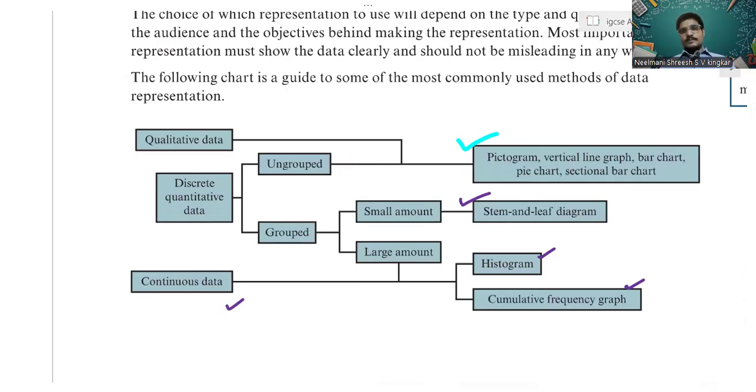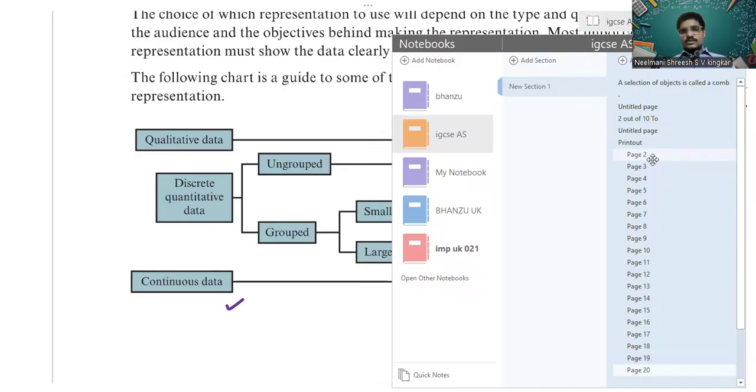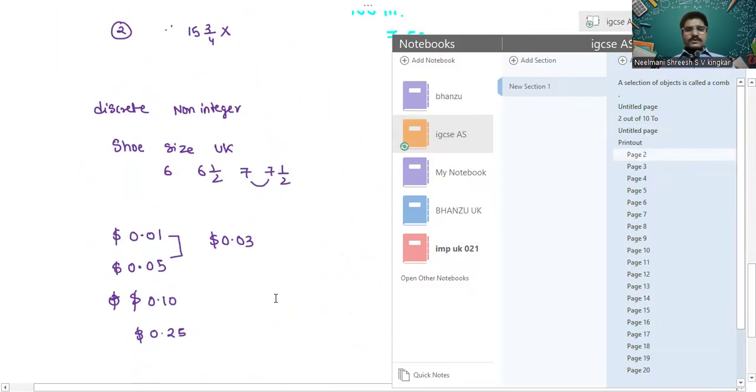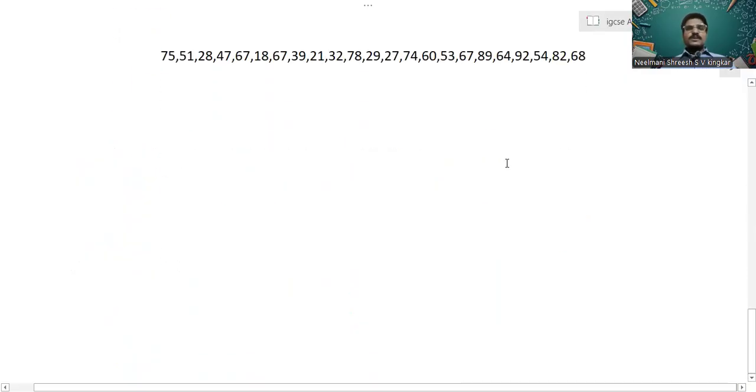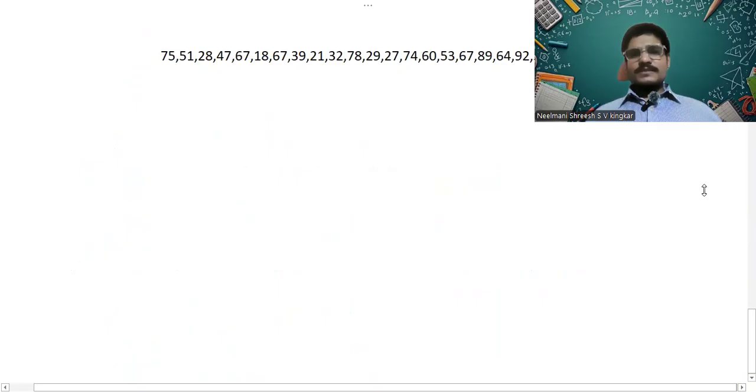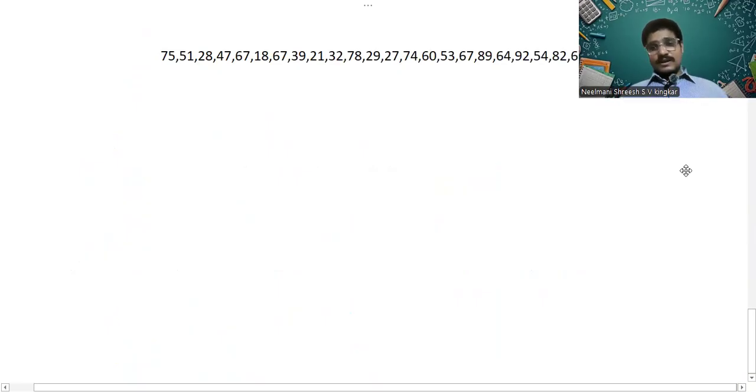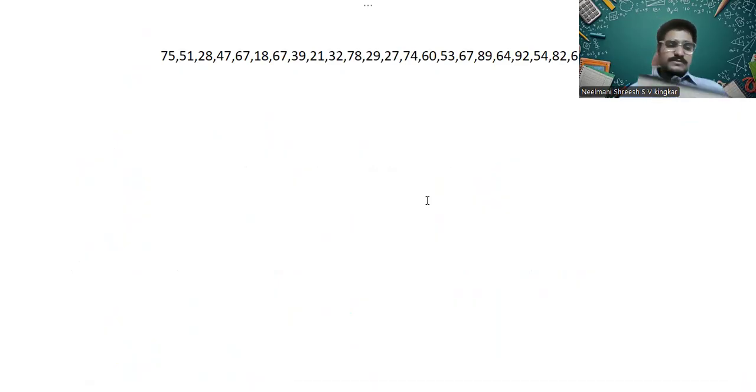Now, coming back to the same part. When we're talking about how to represent a particular data, this is the very first thing, right? This is all the data that we have. So first, in a stem and leaf, you have to identify what your stem is and what your leaf is, because it's a type of table which is best suited to represent a small amount of data.